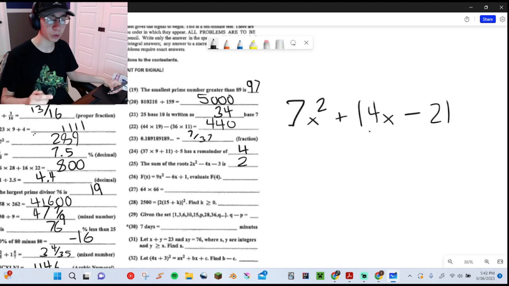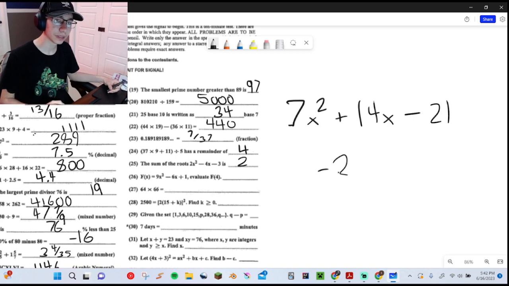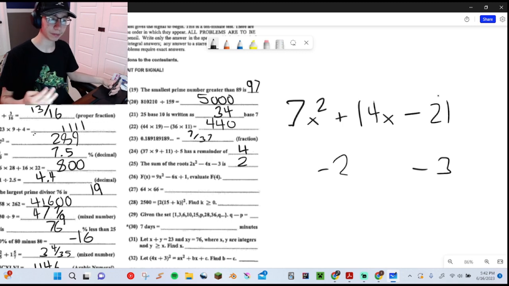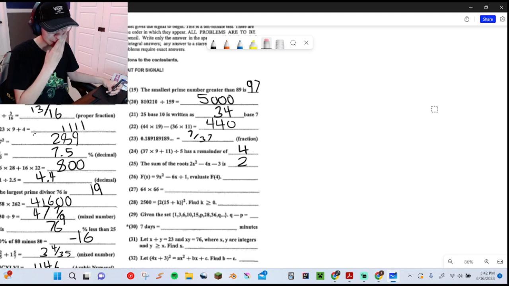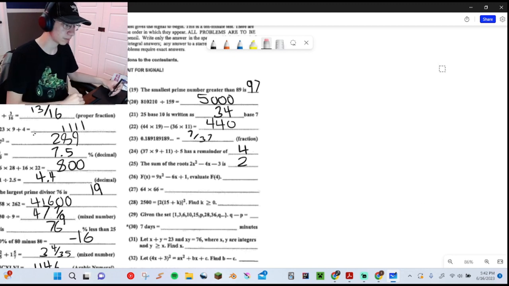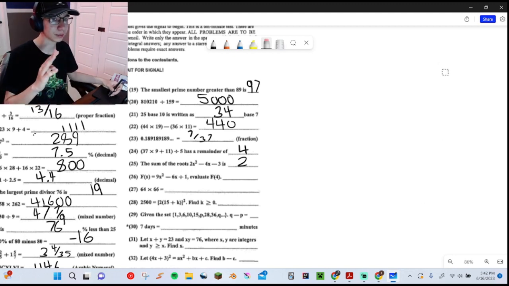So negative 14 over 7, that'd be negative 2. What if I wanted the product of the roots? That would be c over a, so negative 21 over 7, my bad. It's going to be negative 3. So that's how you can use the sum of the roots and product of the roots shortcuts.